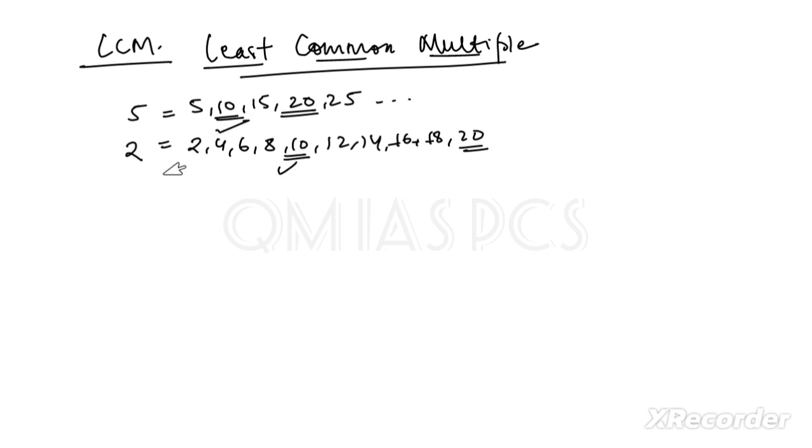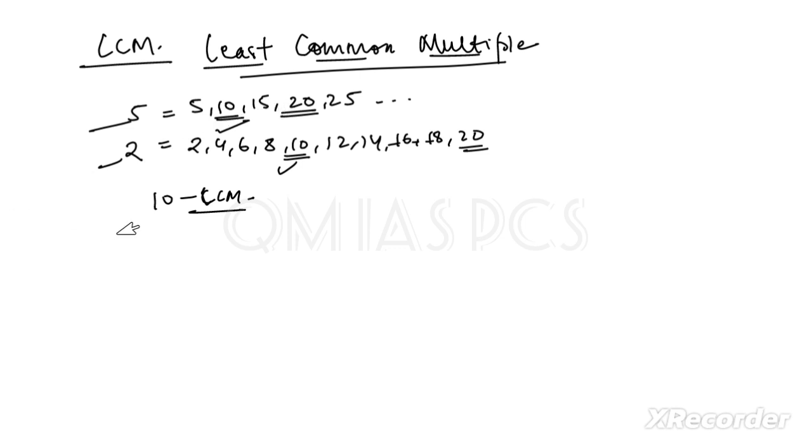So 10 is the LCM of 2 and 5. It's very easy, understood? We just read the table of 5, read the table of 2, and see the least common multiple. Clear? Okay.